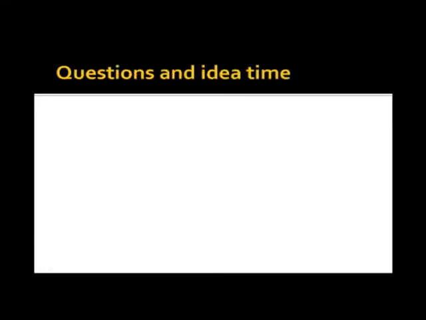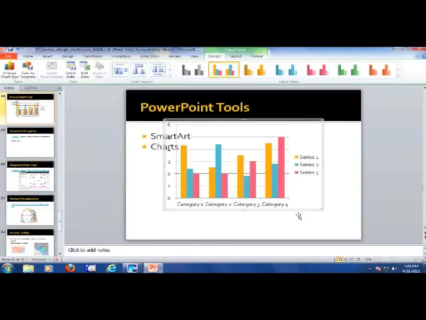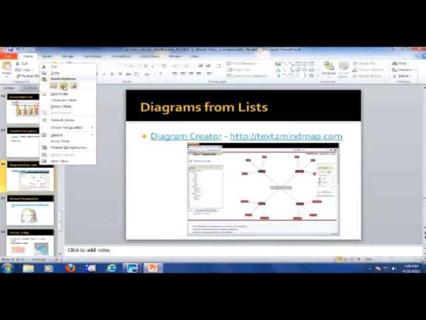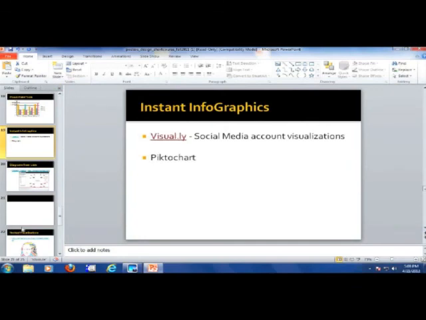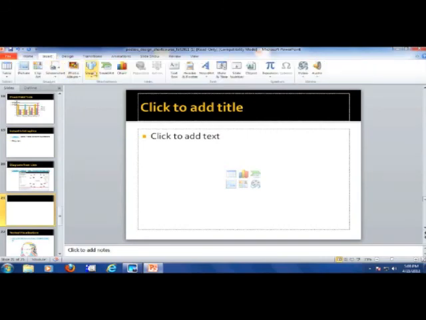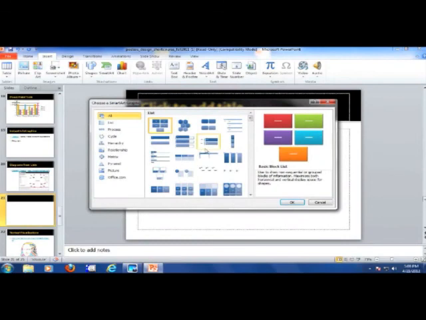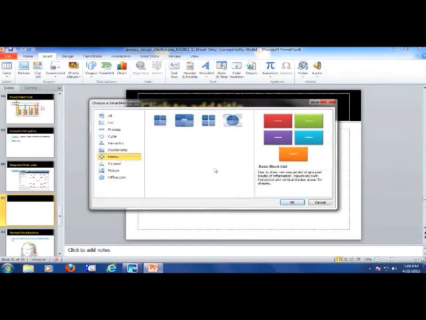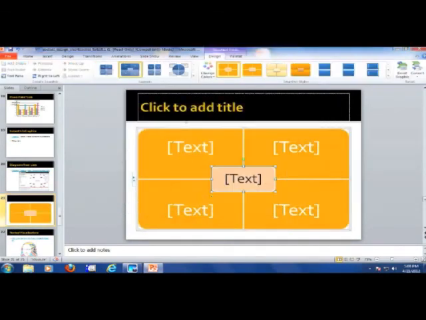So, normally this is the time when I do a little brainstorm session. So I want everyone to be thinking about different ideas that they might use for their own project. I had an idea recently that I wanted to share with you guys. I did some interviews during my project, so I was thinking of using SmartArt to convey the information that I collected through my interviews by selecting this matrix, and I think it's this one.